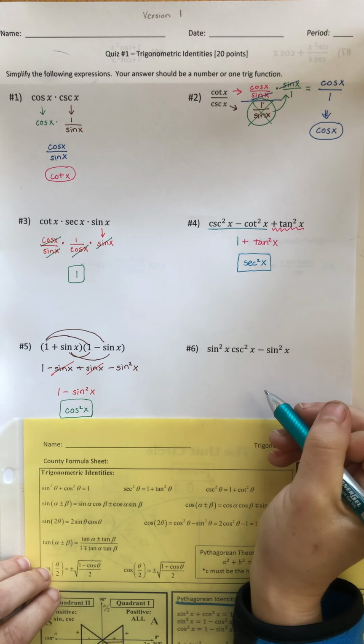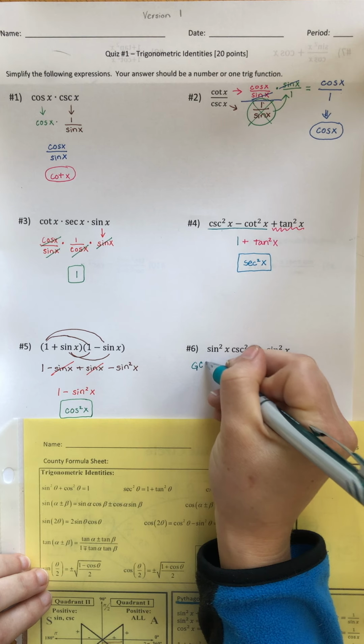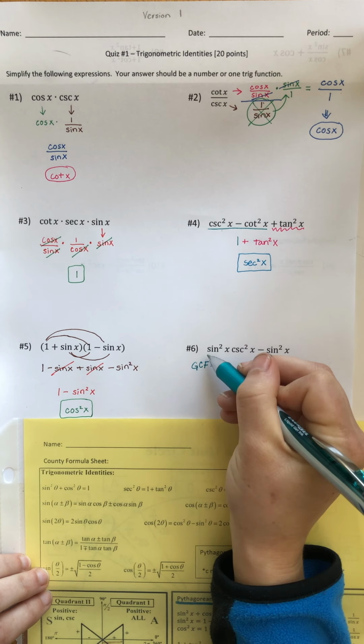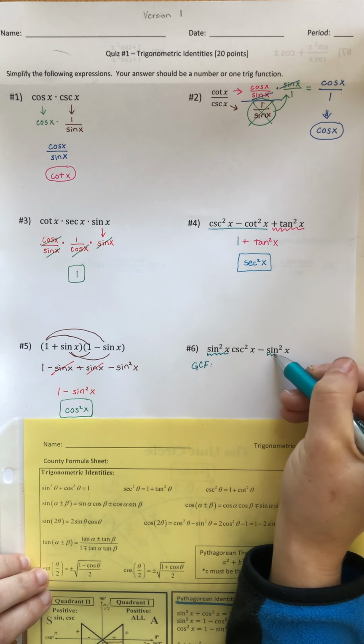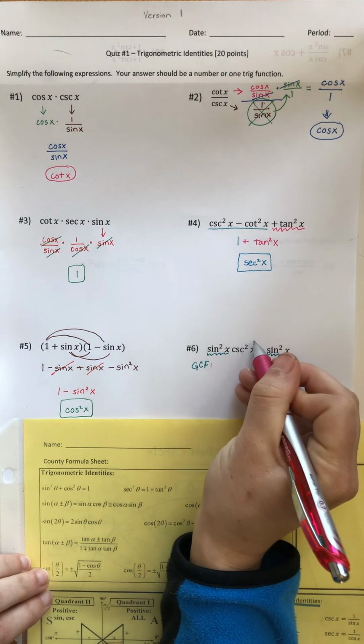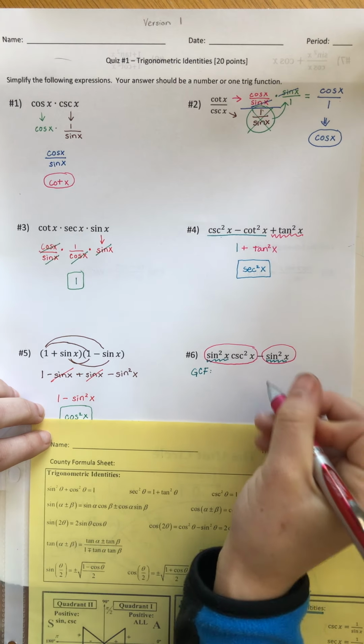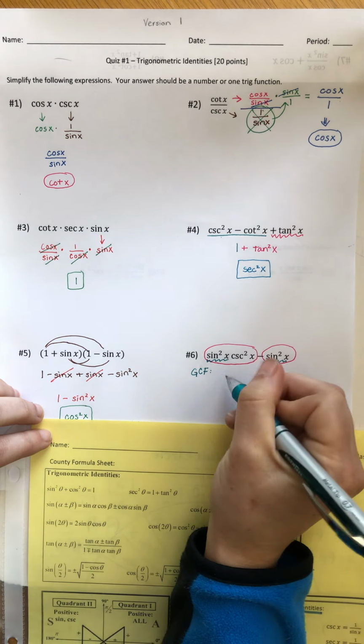Now for number 6, you can do it one of 2 ways. You can do it the GCF factoring way. And that's where you recognize that sine squared x is repeated. So you have 2 sections here. You have this section, and they both have a sine squared x, so that goes out in the front.